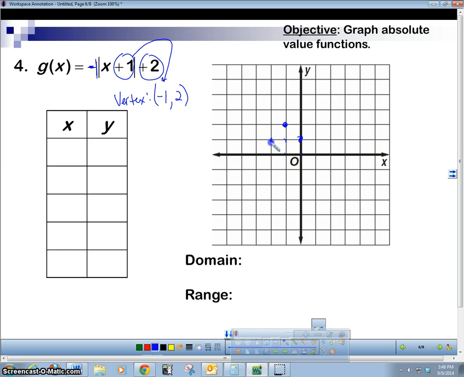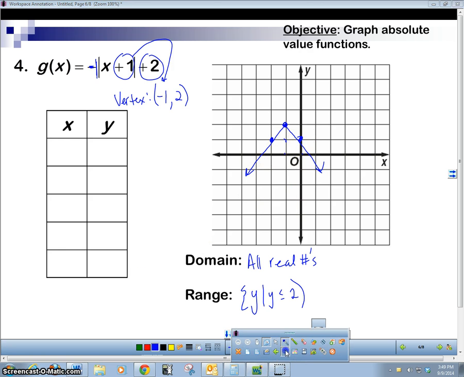Down 1 and over 1. This V is upside down. Okay? Domain, all real numbers. And not all real hashtags, all real numbers. And the range is y values that are less than or equal to positive 2 this time, because it's all values that are down here, right?